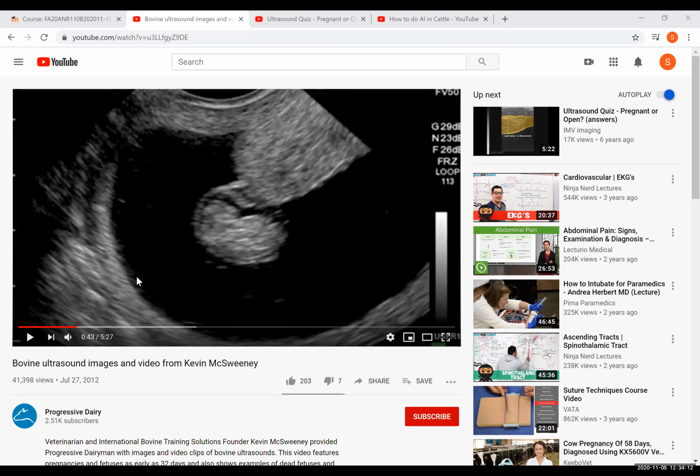Here, these are the membranes outside. The uterus is on the outside. This is fluid that would be surrounding the embryo. And then this is the embryo. And you can see it developing here.